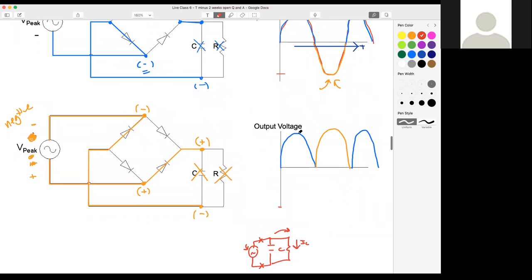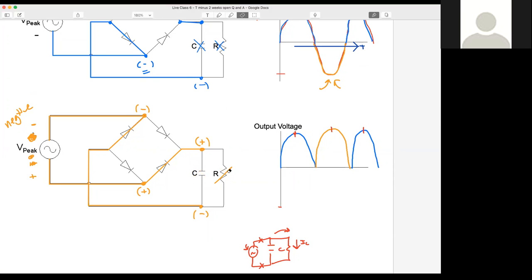So let's look at the tops of every peak. Let's look at here, here, and here. At this point right here, our output voltage, essentially our voltage across our capacitor and our resistor, is going to equal our input voltage, the peak.